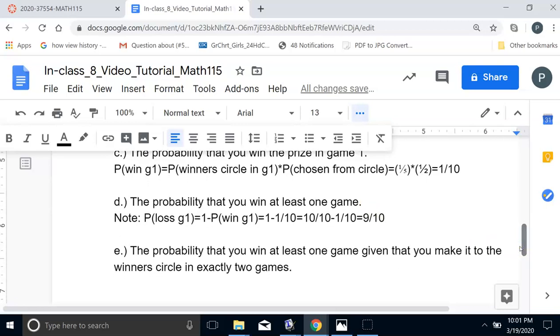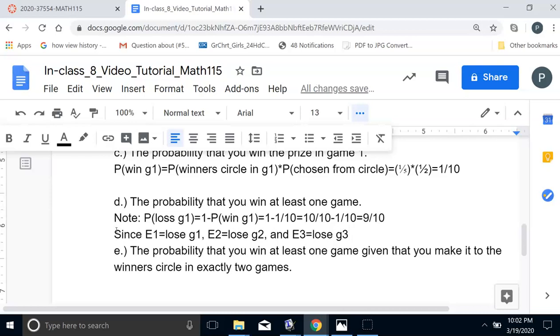Okay, let's keep going with this. Let's call E1 the event that you lose game 1, E2 the event that you lose game 2, and E3 lose game 3.